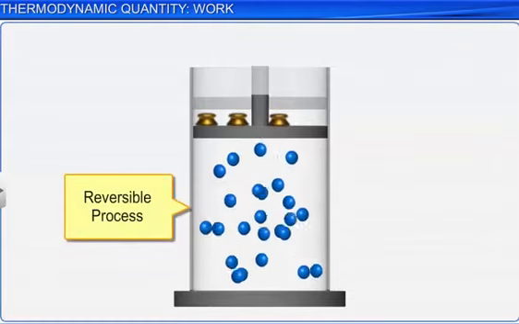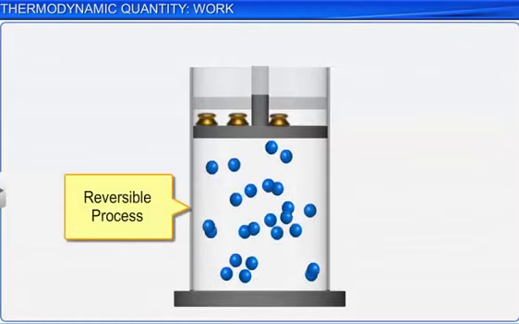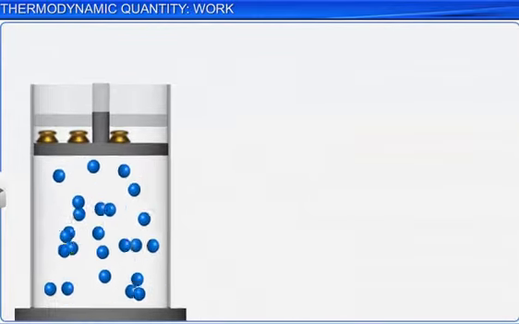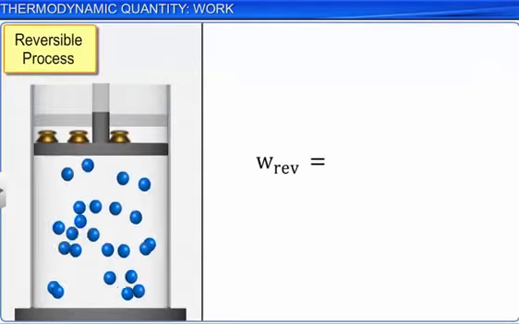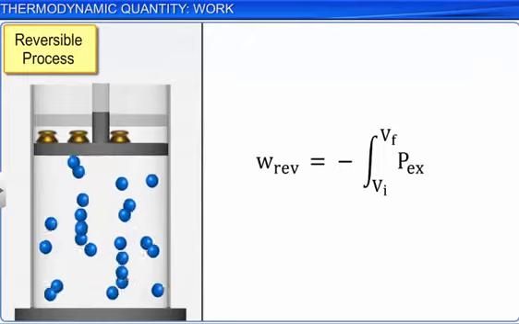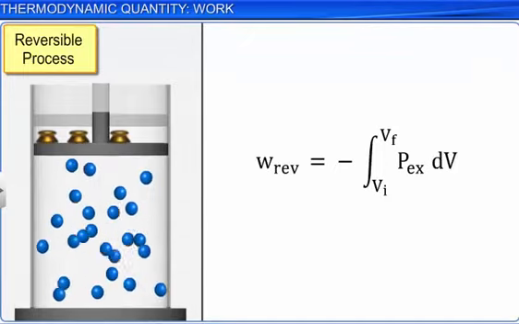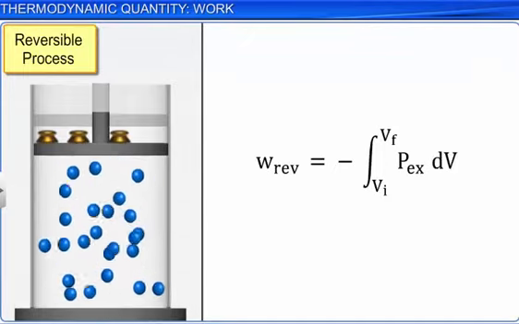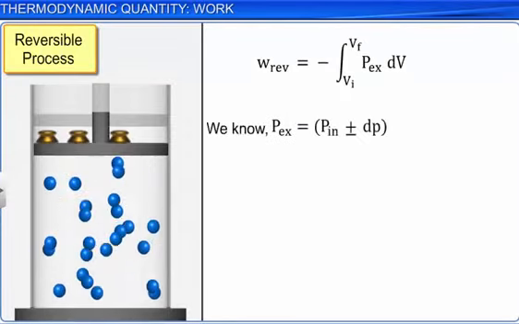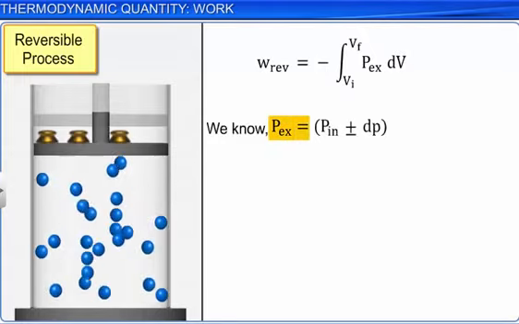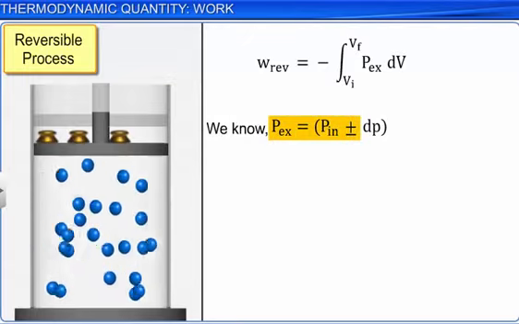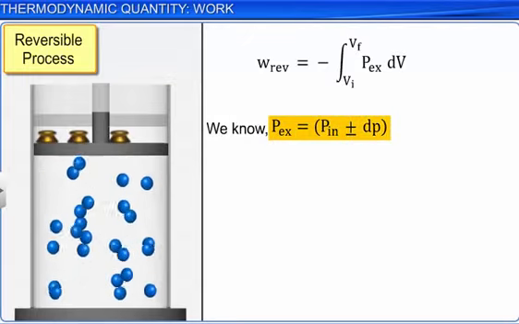Under reversible conditions, the relationship between work and internal pressure is written as reversible work equals minus the integral of external pressure Pex with respect to the infinitesimal change in volume dV. We know that external pressure Pex equals internal pressure P in plus or minus the infinitesimal change in pressure of the system dP.